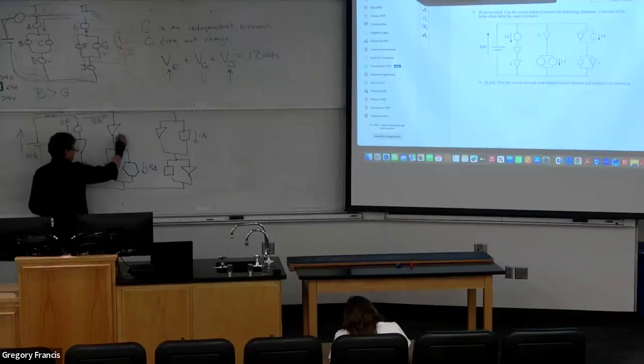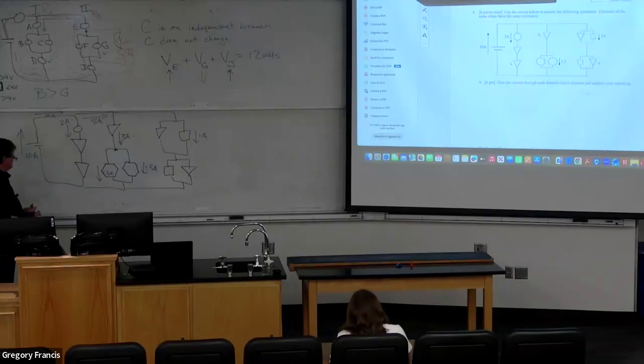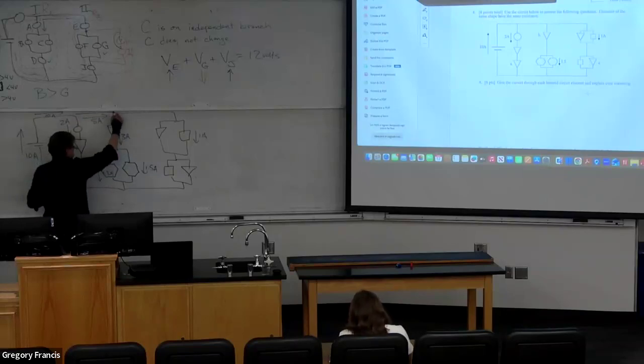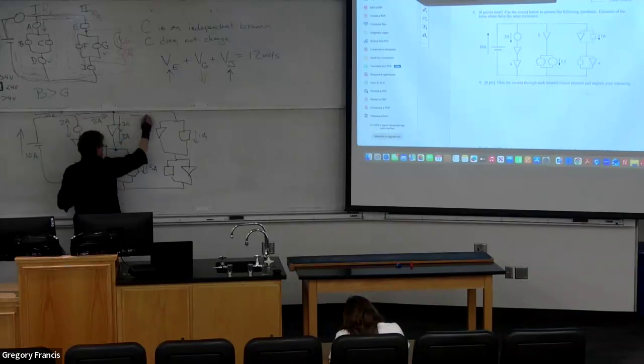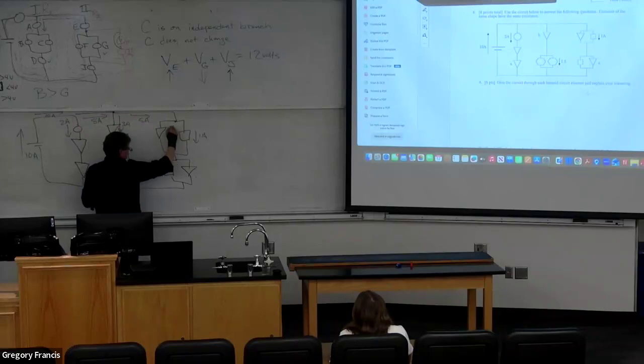And that means I've got 3 amps going down this path. Well, if 8 came into this node and 3 went this way, then that leaves 5 going that way. And when that 5 got here, one of them went that way. And so that means I've got 4 amps there.